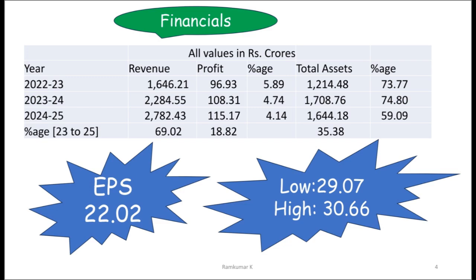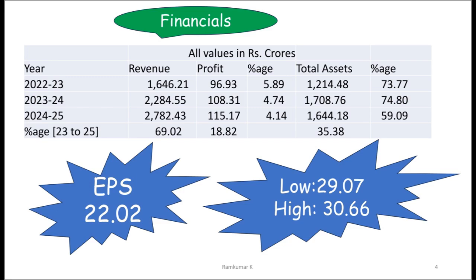The total assets owned by the company for the same 3 years is 1,214.4 for the year 23, followed by 1708.7, followed by 1644.1. If you see the said 2 years, that is 23 and 25, the difference is 35.38%.